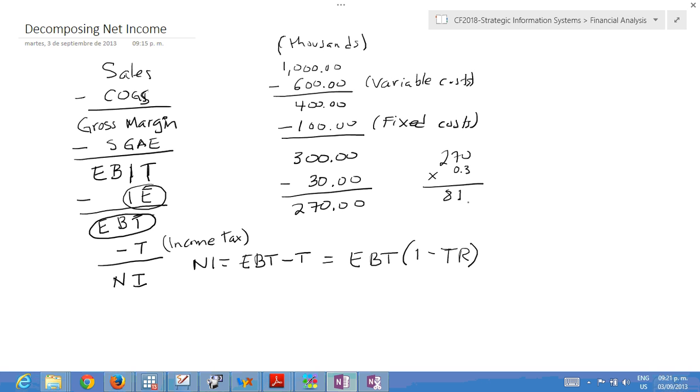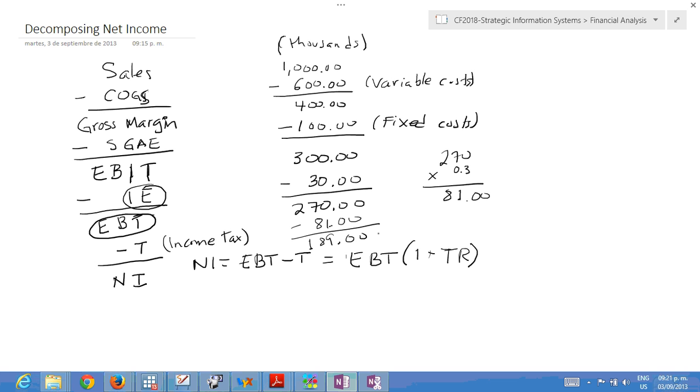Then basically it's 81. Then you subtract here minus 81, and you end up with 9 here, then it's 8 and 1.